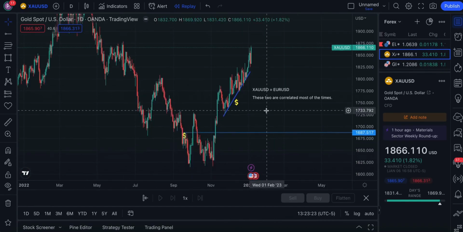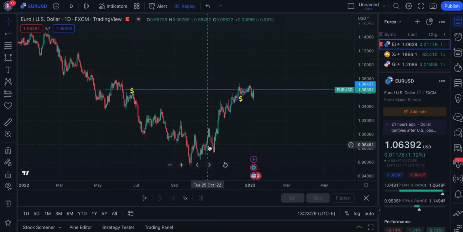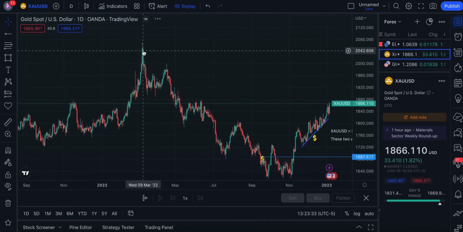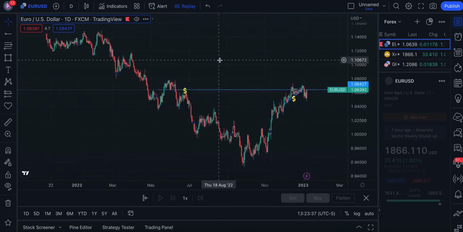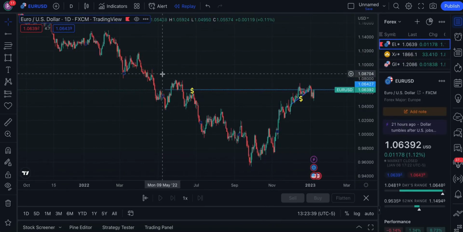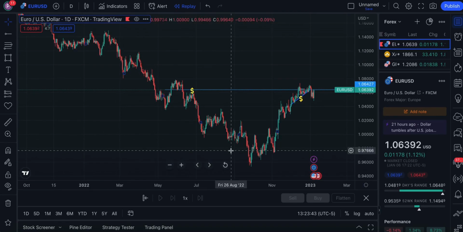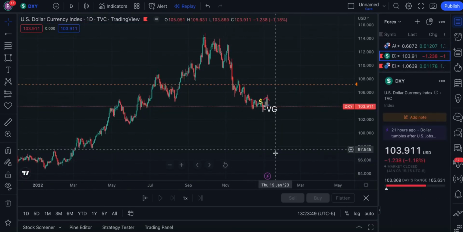For example, we can see that from November up till January it's been bullish. EU should be doing the same. On gold, we've seen bearishness from March to September. On EU, we've seen bearishness from March to September. So you can see the correlation, and we know that DXY is the opposite of EU.